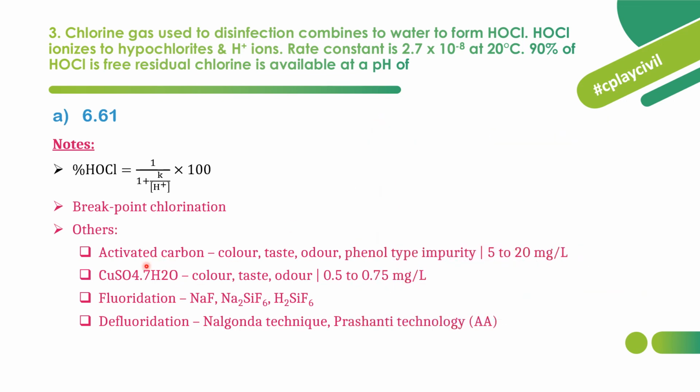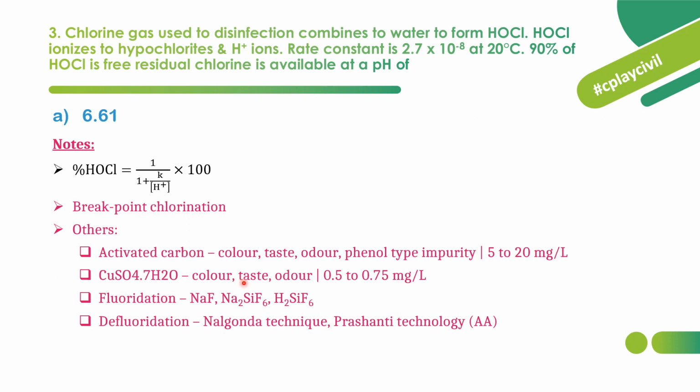Now let's see the other minor things. Activated carbon will be used to remove color, taste, odor and phenol type impurities. The dosage will be around 5 to 20 mg per liter. Copper sulfate will be added to remove color, taste and odor, and the dosage will be around 0.5 to 0.75 mg per liter. For fluoridation, when we want to add fluoride, we can use chemicals like NaF, sodium silicofluoride, H2SiF6.